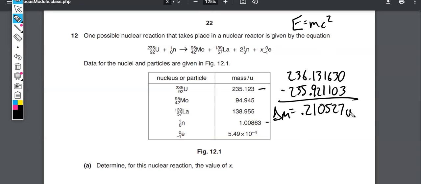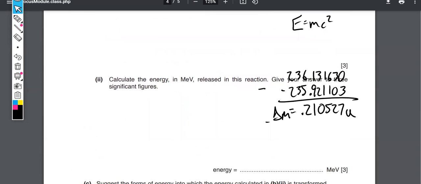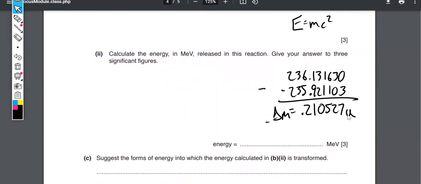What we want to do, well, do they want it in electron volts or in joules? Let's check and see where we're going with it. So they want the answer in mega electron volts. We already know how much energy one unified atomic mass unit is. Like we already did this calculation in part 1.